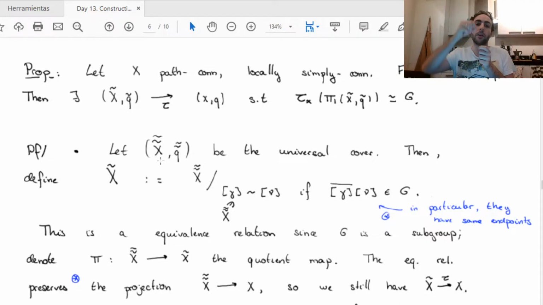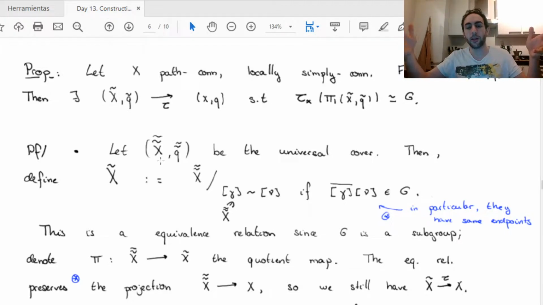They have become the points that lie in the fiber over q. So now when you have a loop in the base and you lift it up, it's not a loop anymore, because that loop ends up in the point representing the class of the loop. That is the idea of unwrapping.